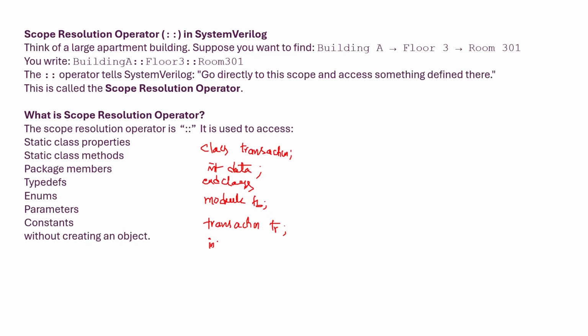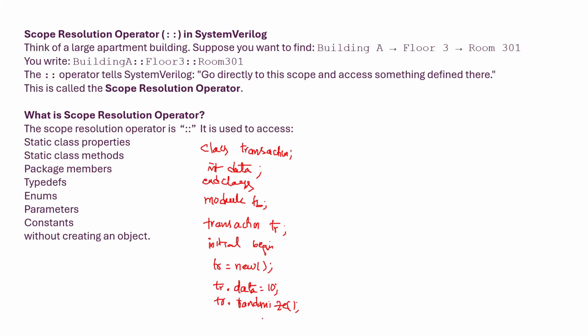Then you create the object: initial begin, transaction tr equal to new. Then you point to the properties: transaction dot data equal to 10, after some delay transaction dot data equal to 30. Or simply you randomize it: transaction dot randomize.